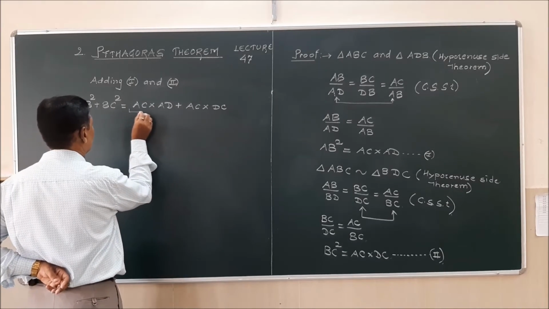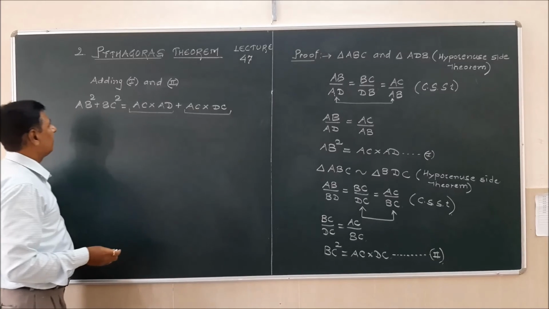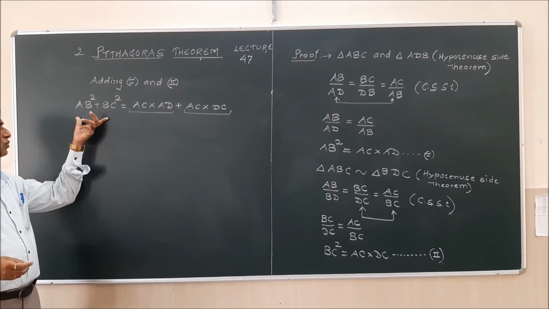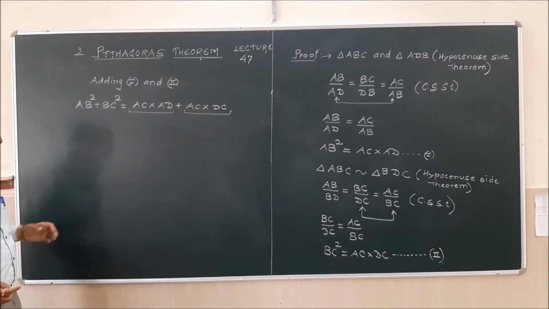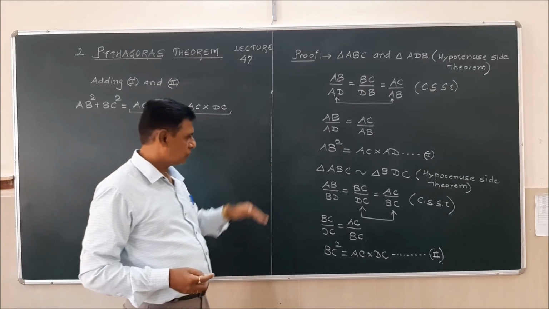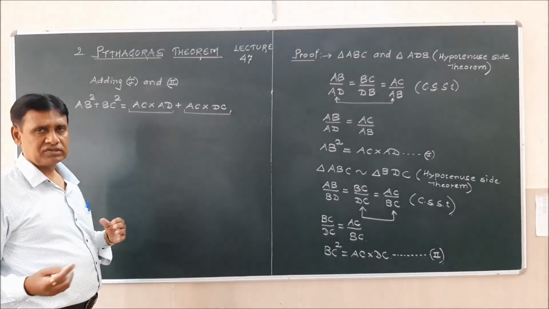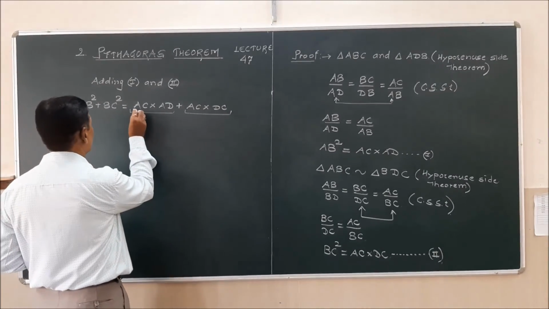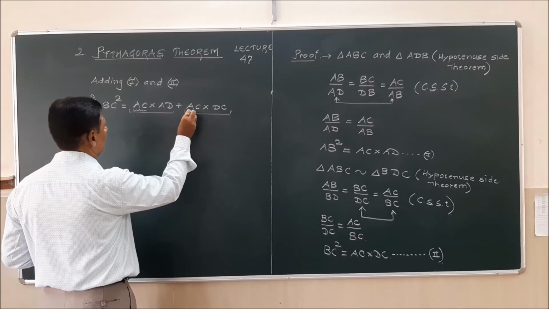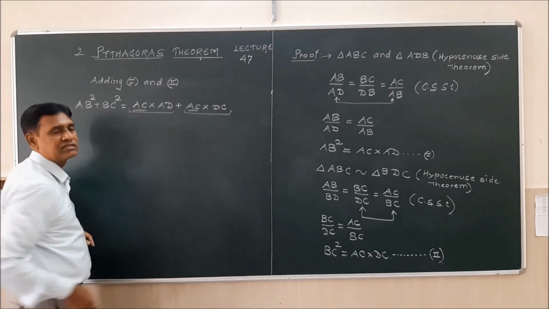So this is how you will find. We have added the left hand sides, AB square plus BC square. We also add the right hand sides of equations 1 and 2. Now very interestingly you will notice that AC is common, because these two groups are separated by a plus sign.